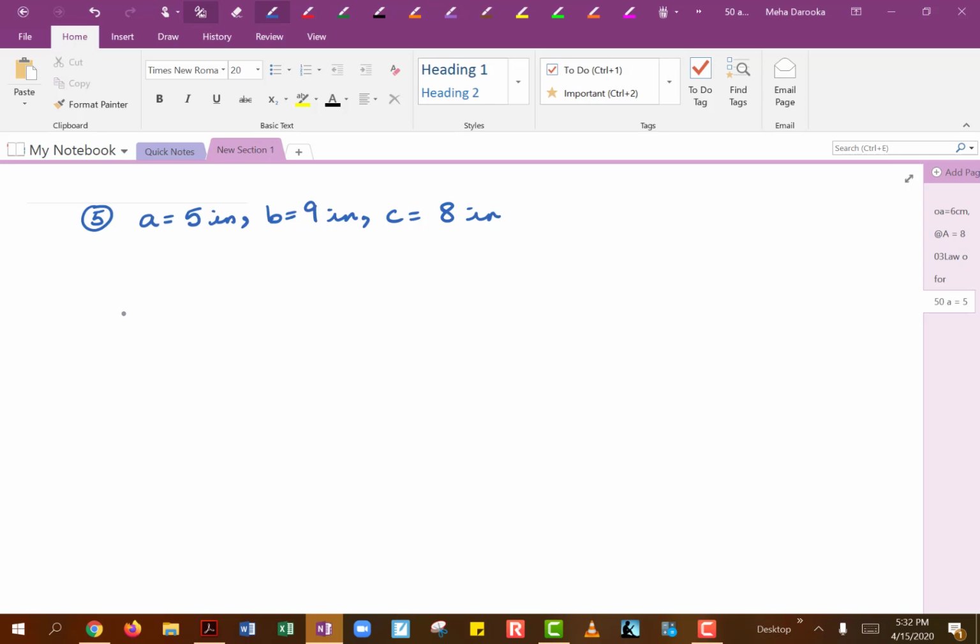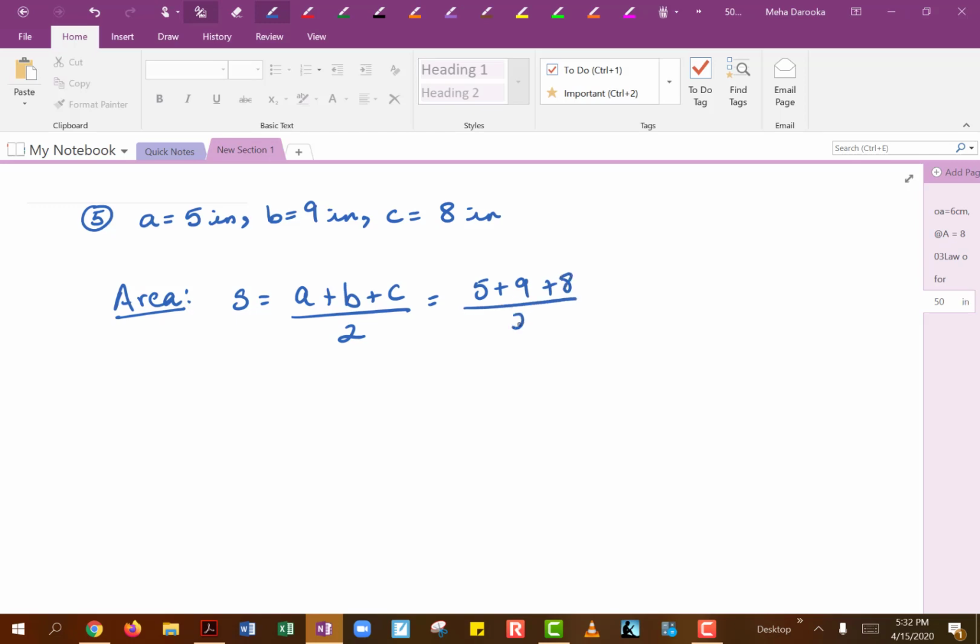For our area formula, the first thing we need to do is calculate S. That's going to be A plus B plus C divided by 2. In our case, that would be 5 plus 9 plus 8, which comes out to be 22 over 2, which will give you 11.